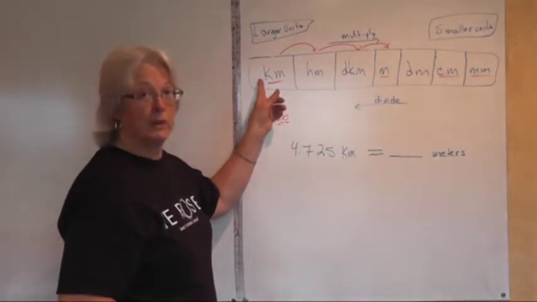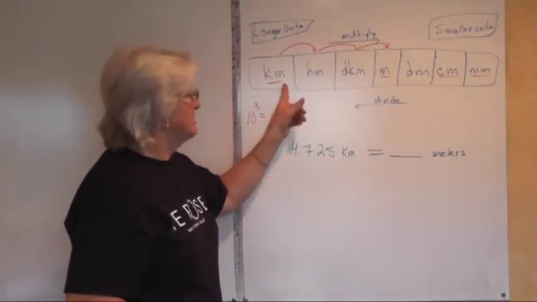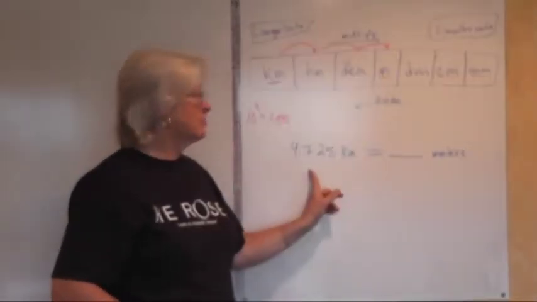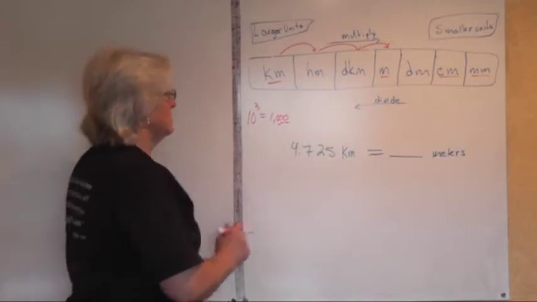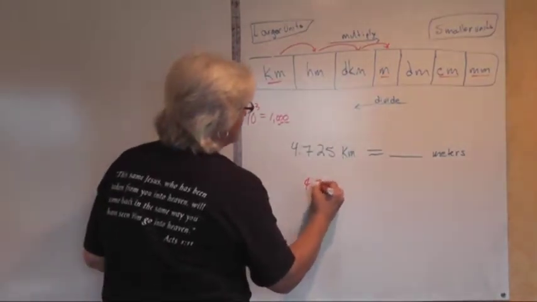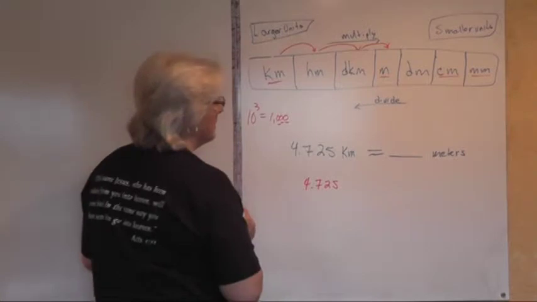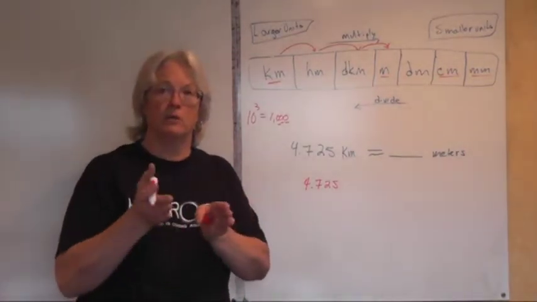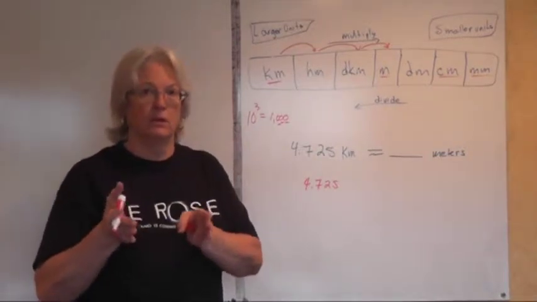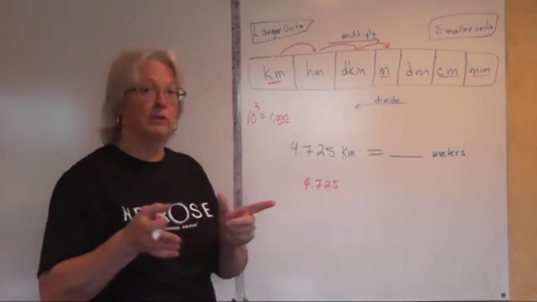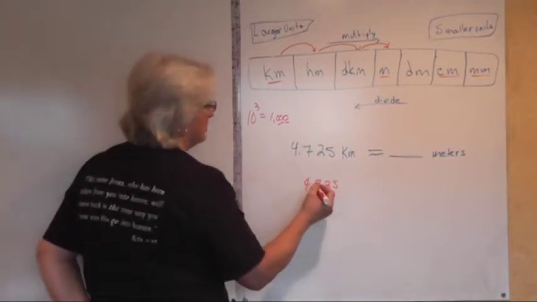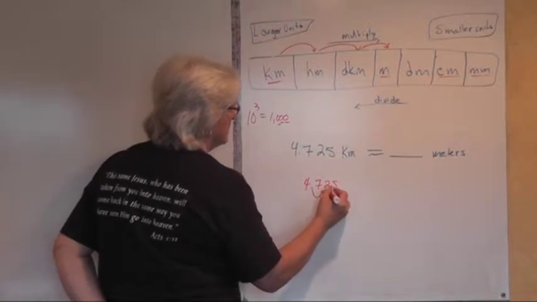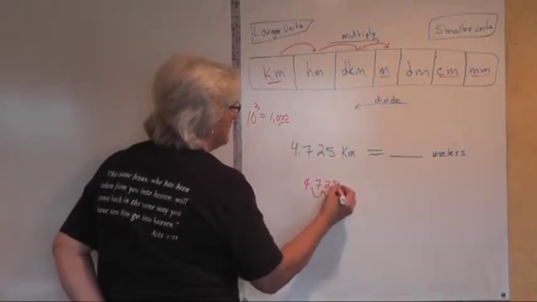Remember that kilometer means 1,000 meters. So if we want to change to meters, multiply this by 1,000. So you have 4.725 times 1,000. When you multiply by 10 or 100 or 1,000, you remember you're going to move your decimal point one place to the right for every time you multiply by 10.